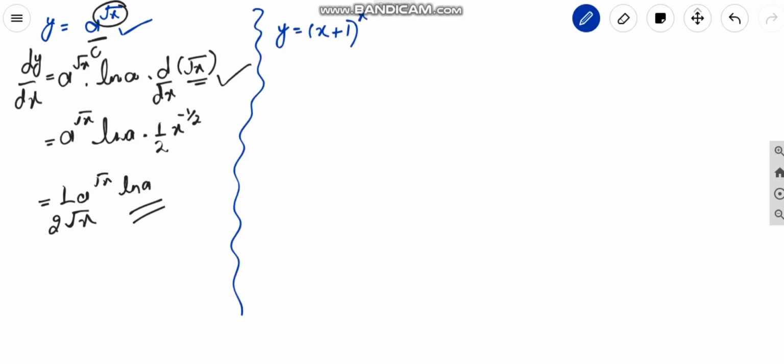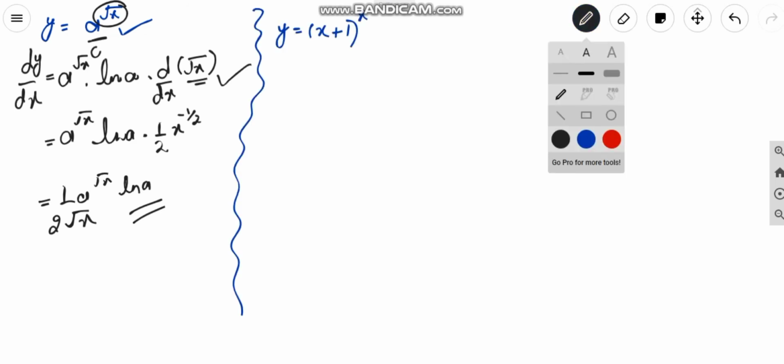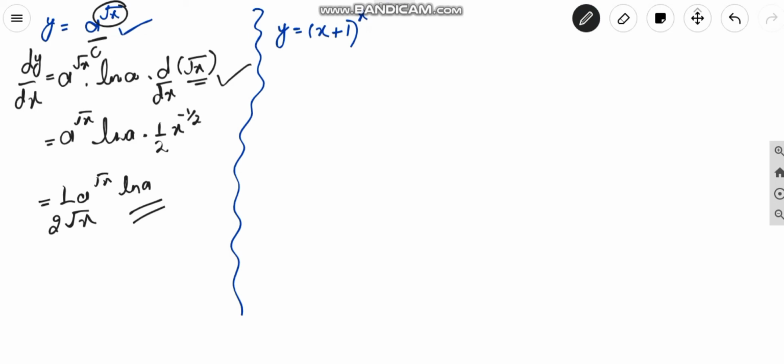This time we are given a function x plus 1 whole power x. Here our power is variable, but our function is not constant. Our function is also variable. So whenever we are given a variable power with a variable function, what you have to do is first take natural log on both sides.